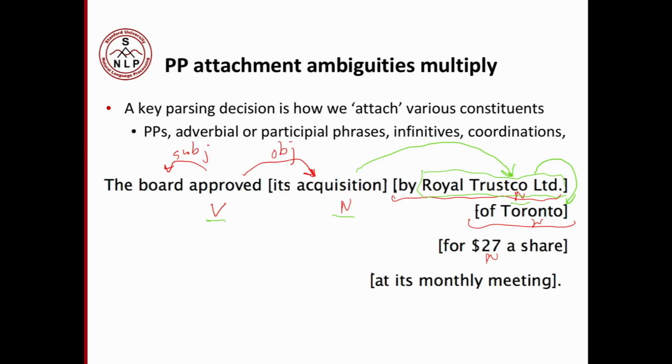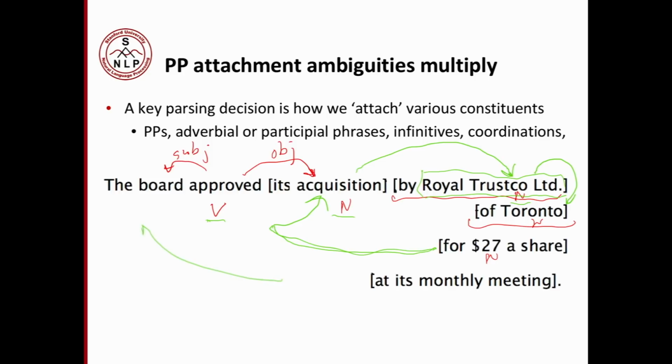Okay, for $27 a share is modifying acquisition, right? So now we leap right back. Oops, I'm drawing this wrong. Now we leap right back, and it's now the acquisition that's being modified. And then finally, we have at its monthly meeting is modifying... Well, the approved, right?